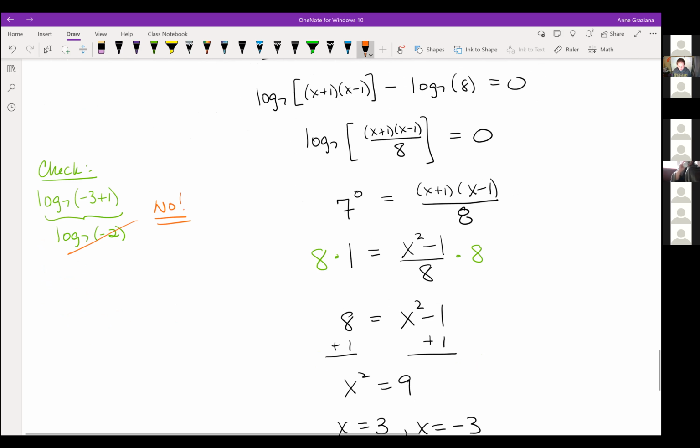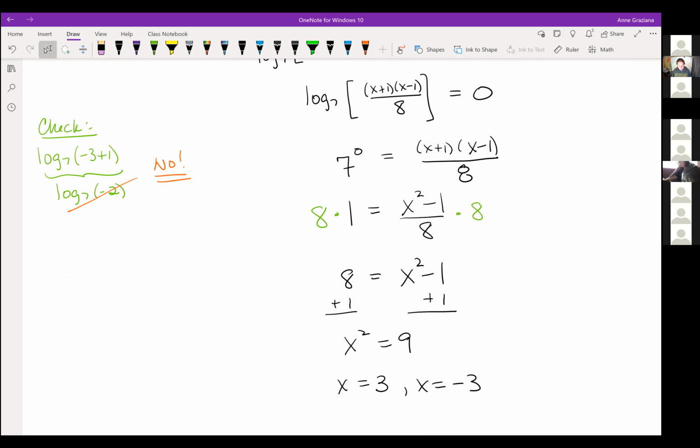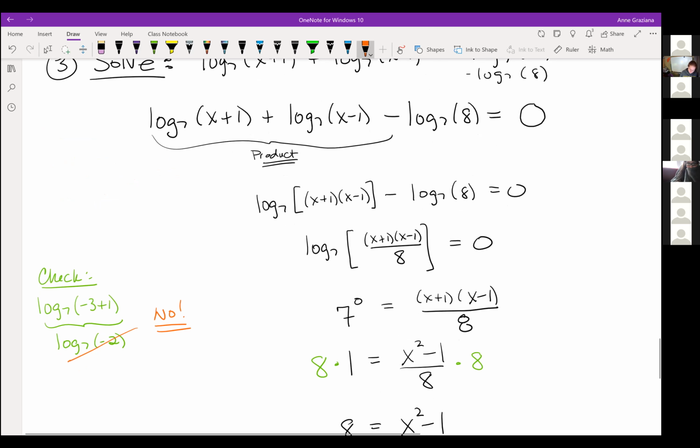I want to clarify that. In this case, our negative answer didn't work, okay? But that doesn't mean that it will never work. There's actually going to be some where the negative answer works and the positive one won't, okay? It's once you plug it in, then what are you getting inside, okay? So this is not going to work. +3 is going to work.